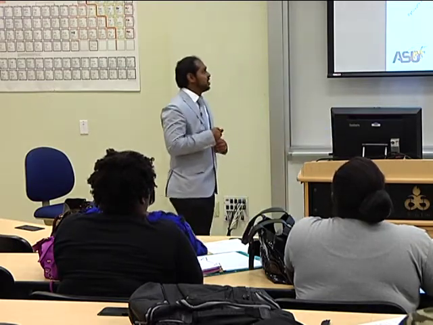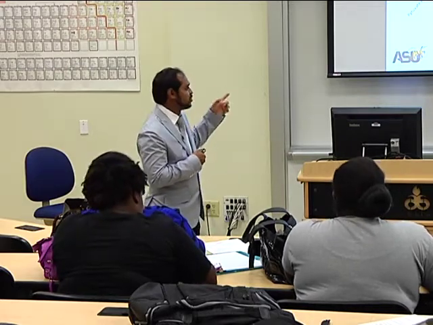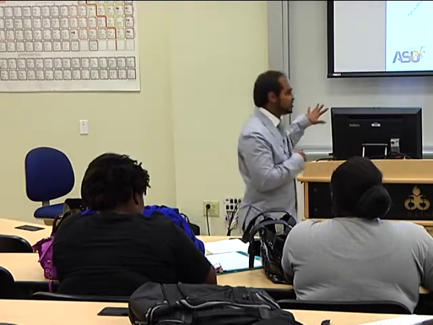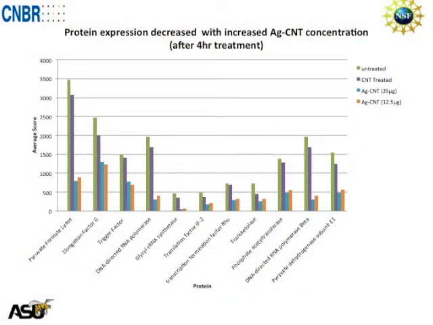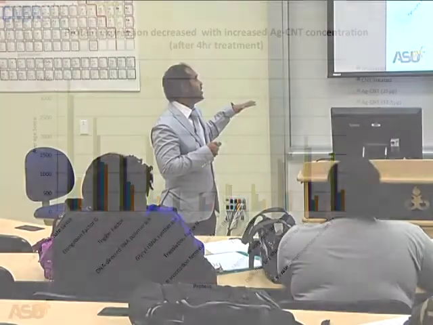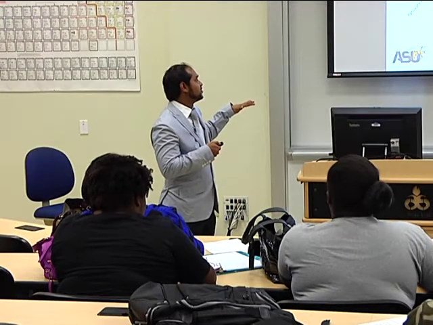And we also did mass spectrometry. This was not done by me. There was a previous researcher who did this, but it was very interesting, so I thought I'd present this result. As you can see, there were 4 samples: non-treated, only carbon nanotube treated, and silver coated carbon nanotube treated with 2 different concentrations.